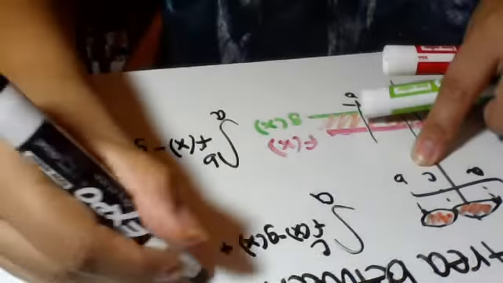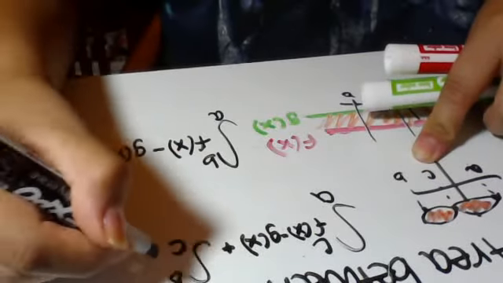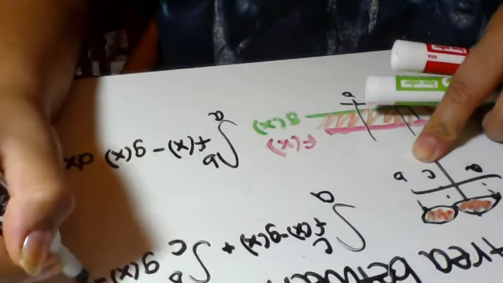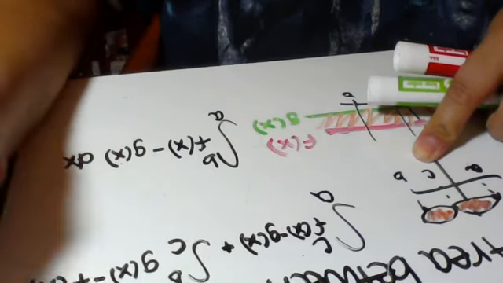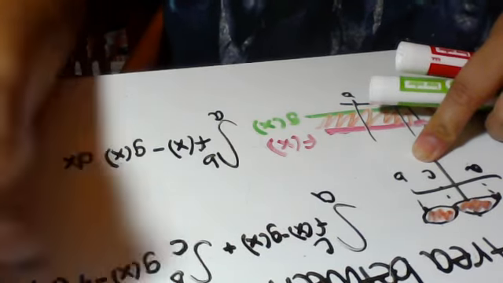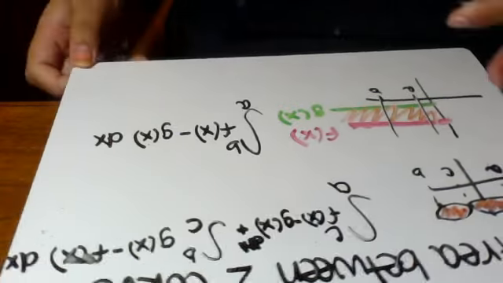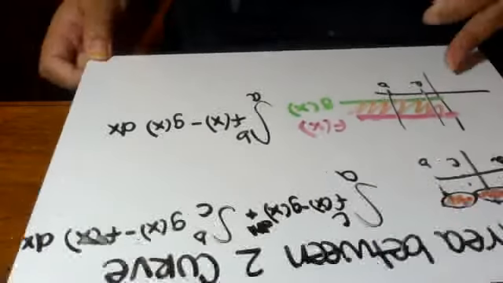So you go from C to B, and now your g of x is the first one, g of x minus f of x. And obviously all with dx, or whatever you're integrating with respect to.